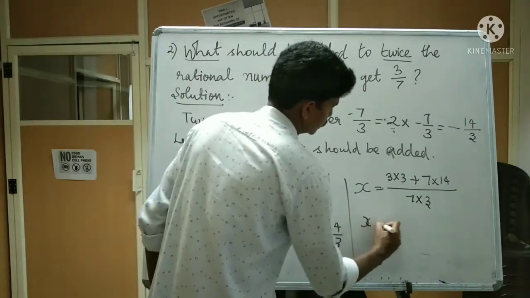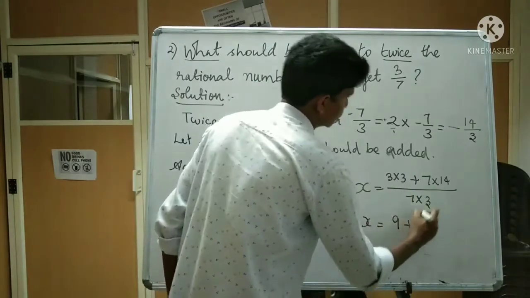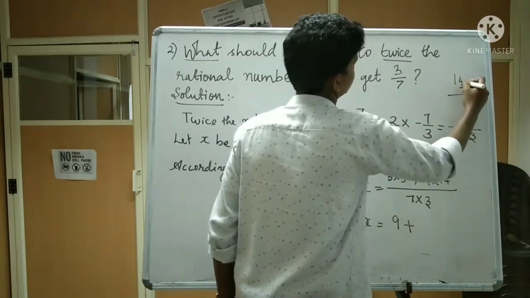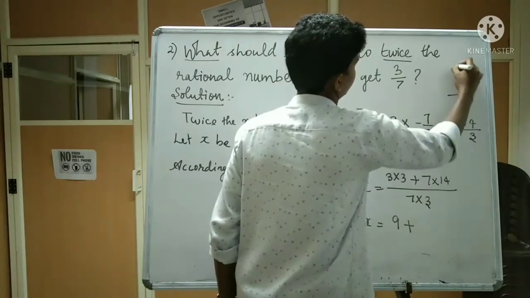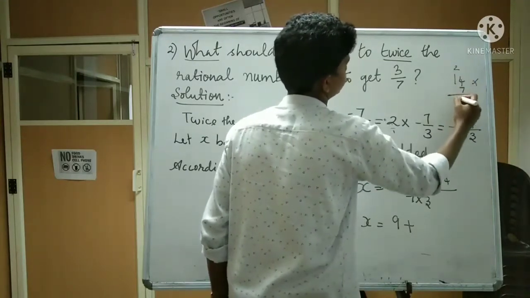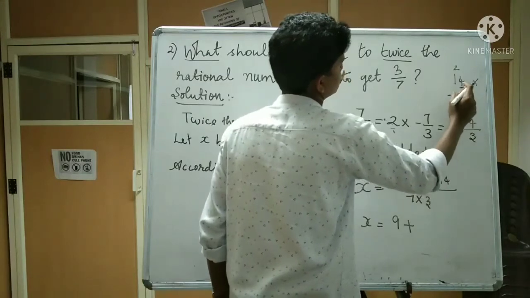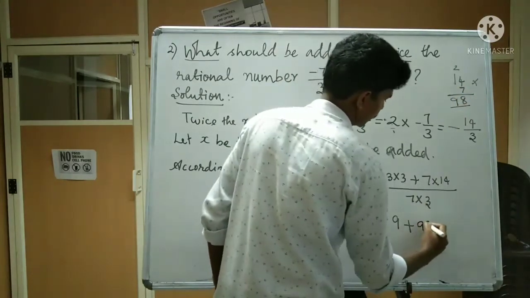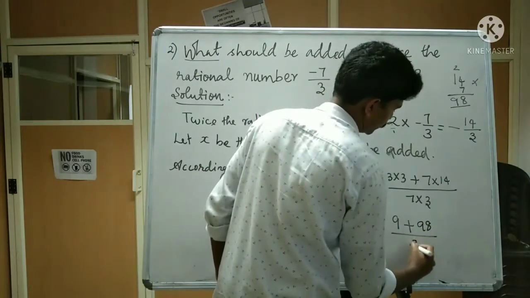So x is equal to 3 3s are 9 plus 14 times 7. What is 14 times 7? 4 7s are 28, remainder 2. 1 7 is 7 plus 2, so we get 98.